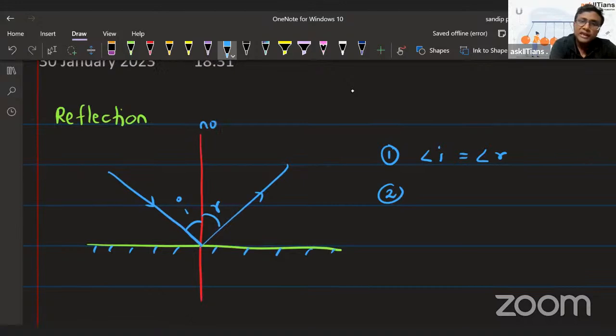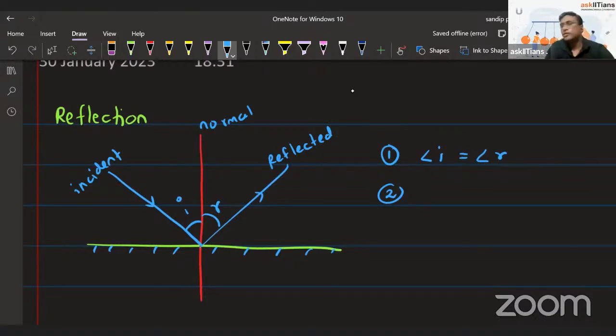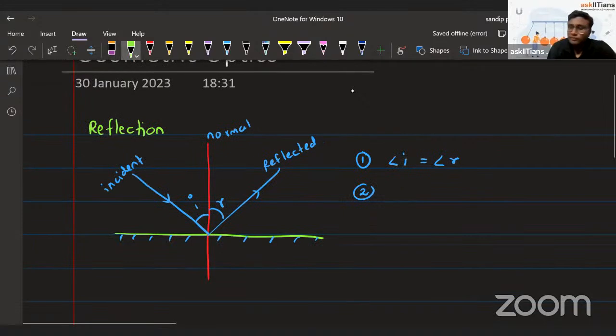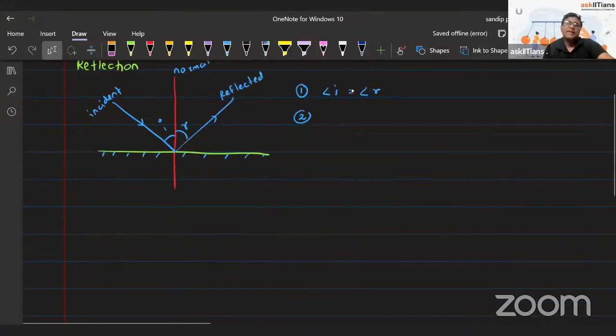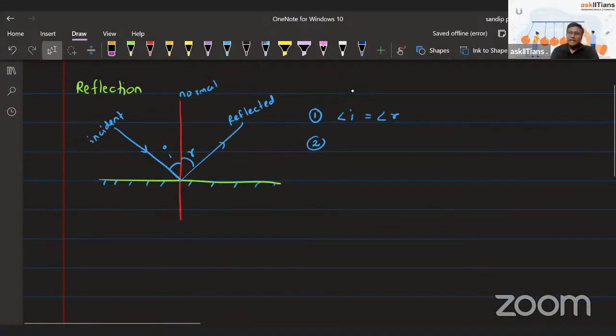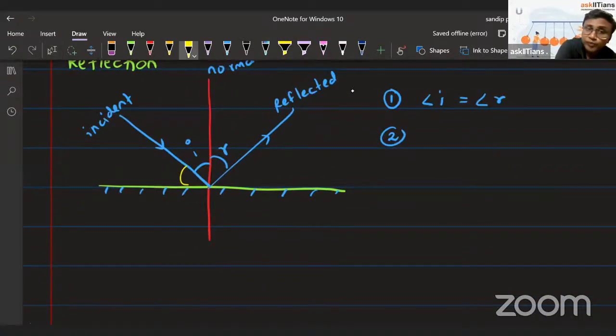Then the second law is that the incident ray, the reflected ray, and the normal lie in the same plane, right? So that is one extra thing you can remember in reflection. A simple basic question they can ask is that sometimes they will give the angle the incident ray makes with the horizontal.